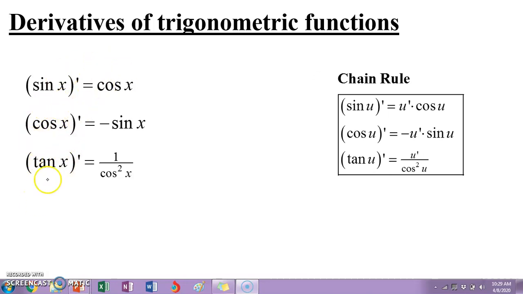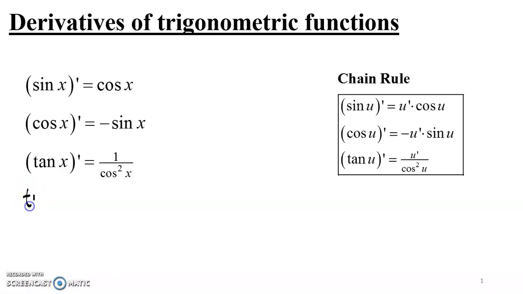So over here, it's because of the fact that tan is in fact written as sine x over cosine x, which is in the form u over v, where u is sine x and v is cosine x.